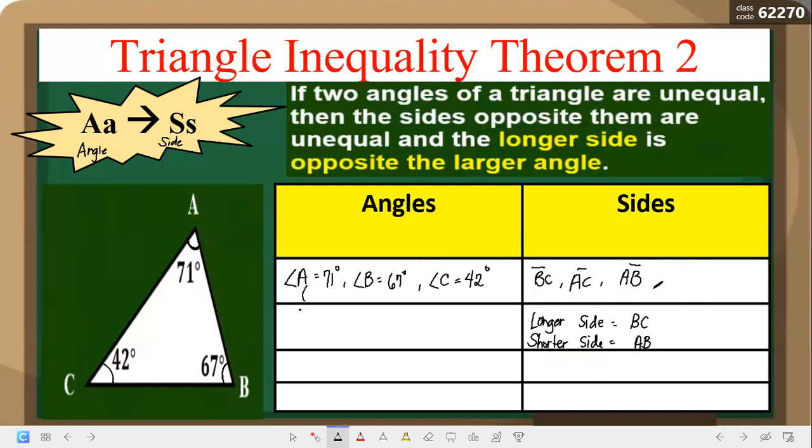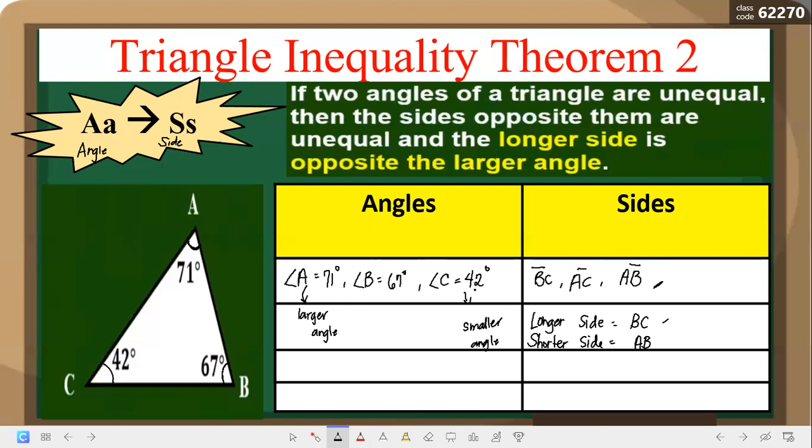So definitely, since ito yung ating larger angle, ito naman yung smaller angle. So pinagsunod-sunod na natin, di ba? Opposite respectively according to angle A, angle B, and angle C. So therefore, yung longer side natin is yung opposite kay angle A, which is BC.